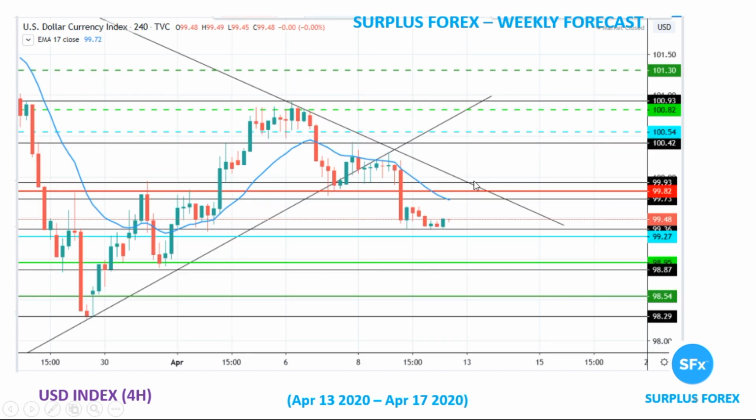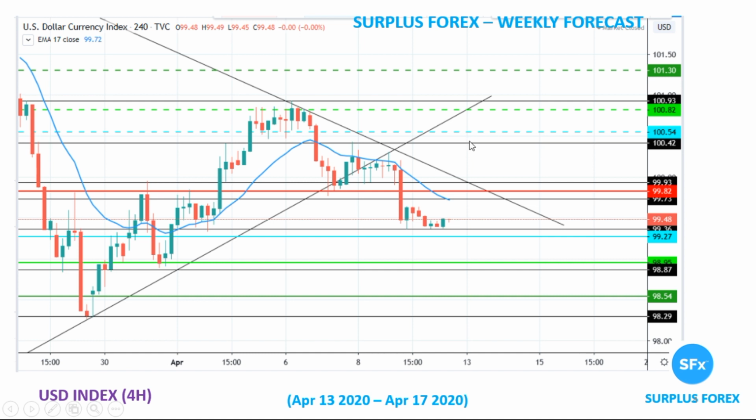That being said, on a 4-hour chart, if it falls below 99.36, I'll take my entry at 99.27, keeping my first target at 98.95, right above 98.87, and second target at 98.54. As I said, it could be mixed, so I'm open both ways.